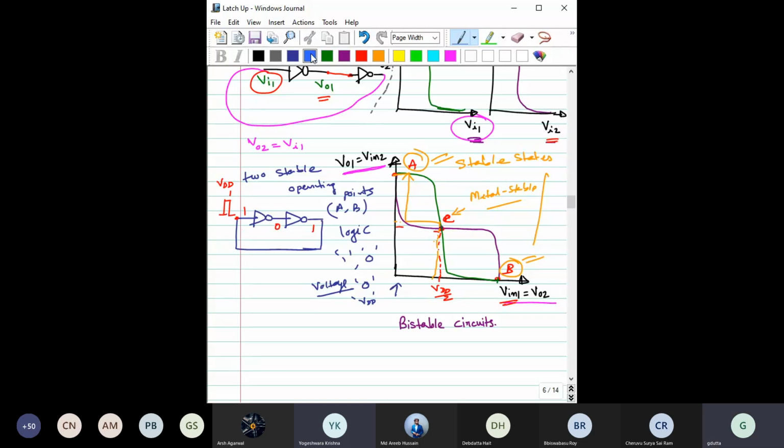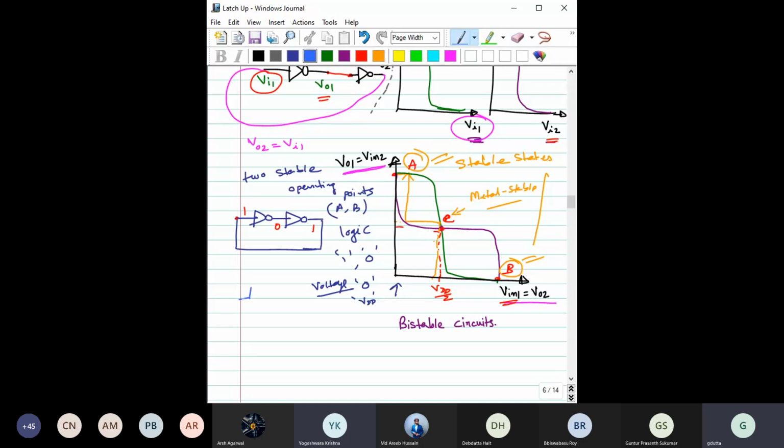Then if I remove it, means after applying the pulse I have stopped applying the pulse, then what will happen? This total circuit will act as a memory, because it will remember what the previous pulse was. I have given pulse 1, so it will remember that pulse 1, until and unless you disrupt the power supply. What do I mean by power supply?